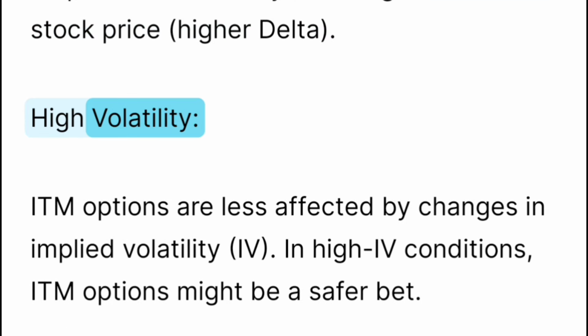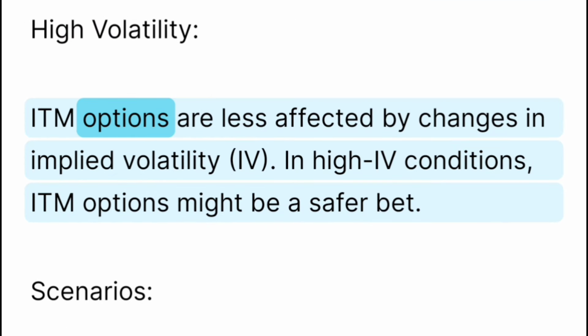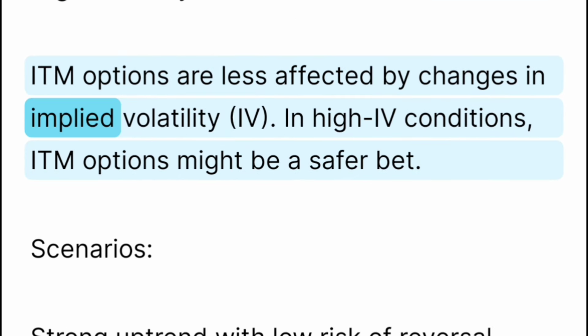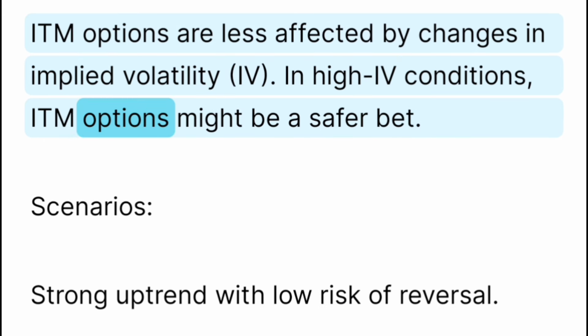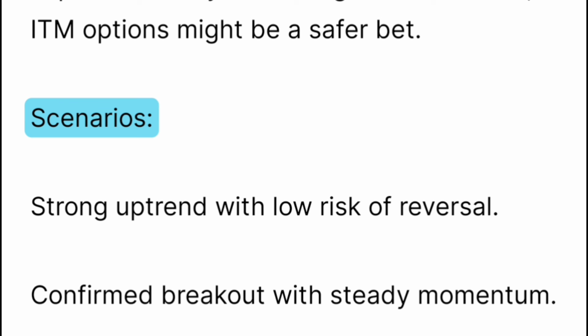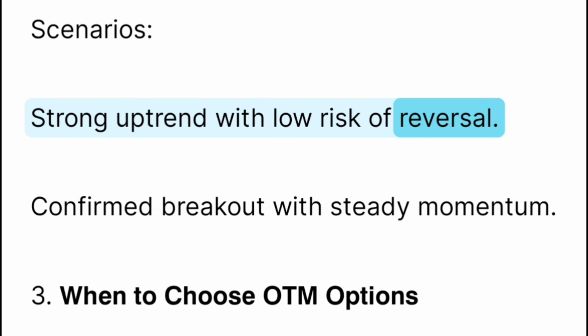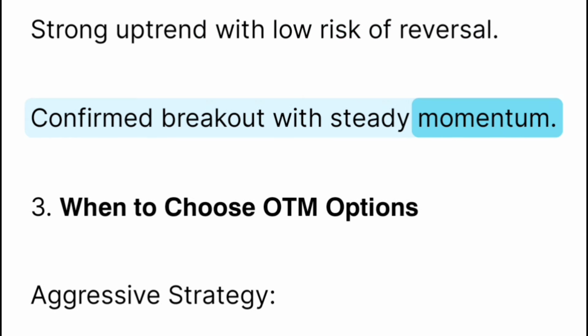High volatility: ITM options are less affected by changes in implied volatility, IV. In high IV conditions, ITM options might be a safer bet. Scenarios: strong uptrend with low risk of reversal. Confirmed breakout with steady momentum.